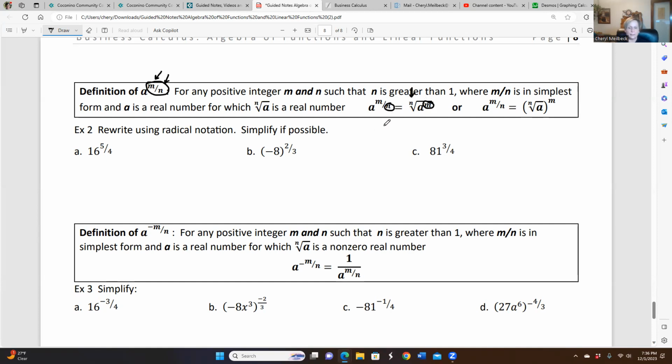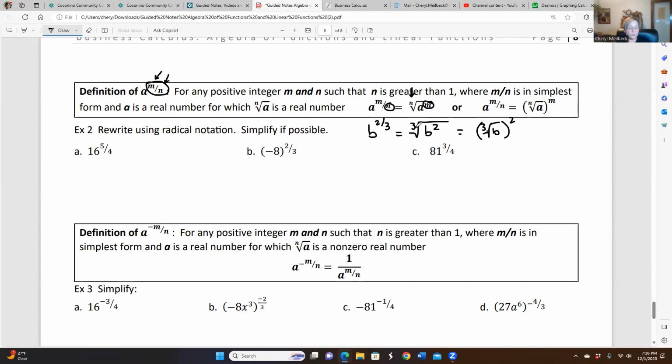So if I had b to the 2/3, that could be the same as b squared, because the number on top is 2, and the number on bottom is 3, so that would be the index. So it would be the cube root of b squared like this, or we could write it as the cube root of b, and then the whole thing could be squared.